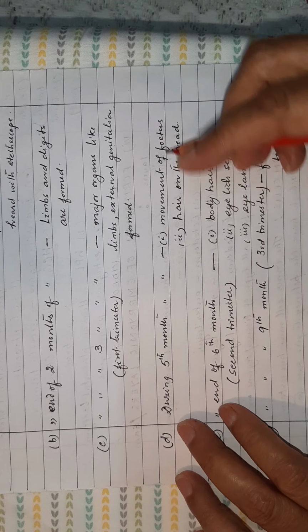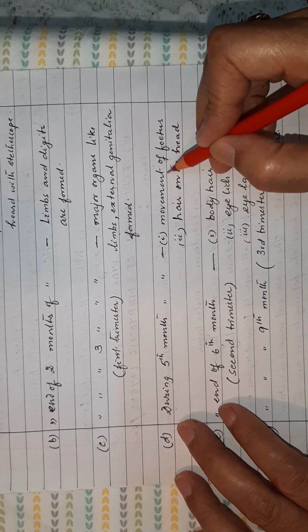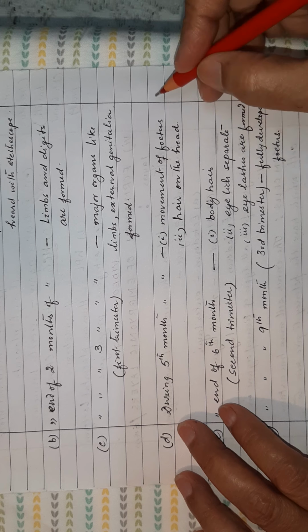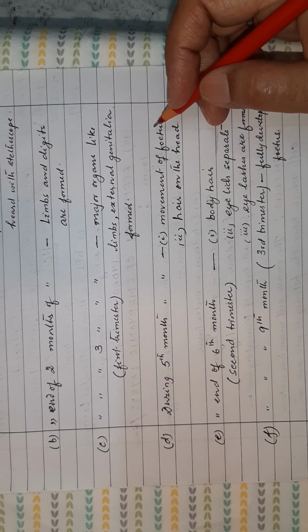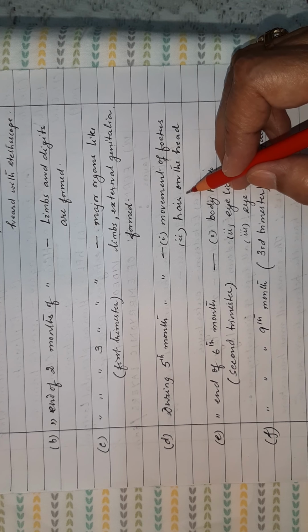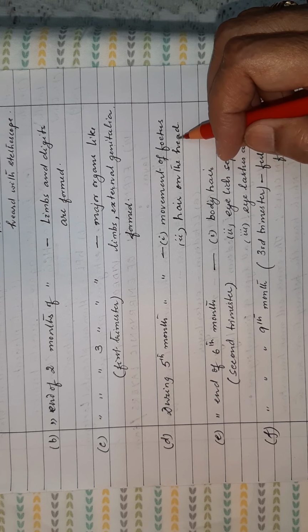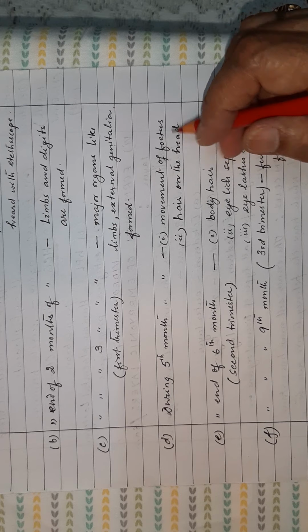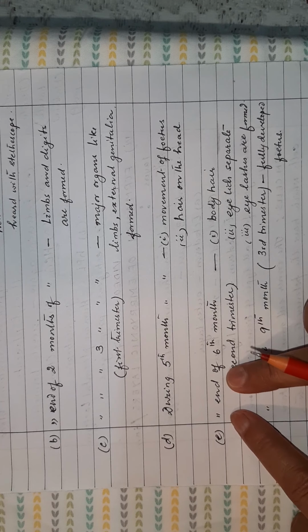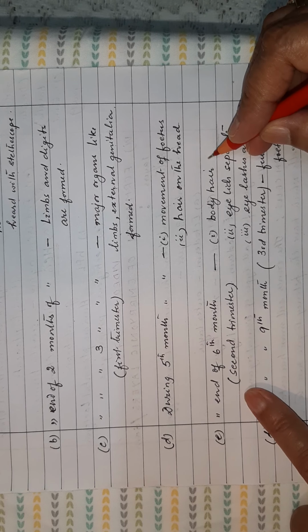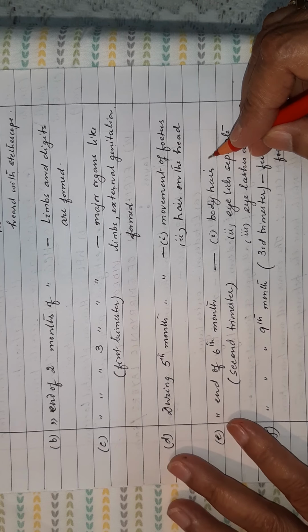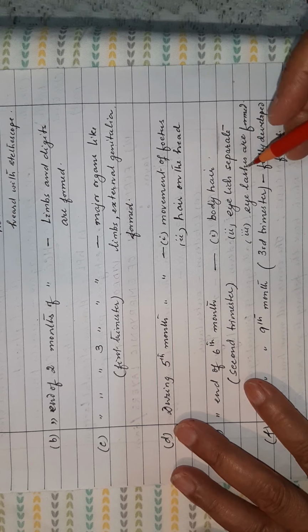During the fifth month, movement of the fetus is observed. The fetus starts moving, and hair appears on the head during the fifth month. Then at the end of the 6th month, that is the second trimester, fine hair appears on the body, so body hair is formed.